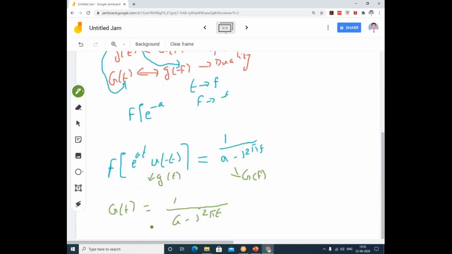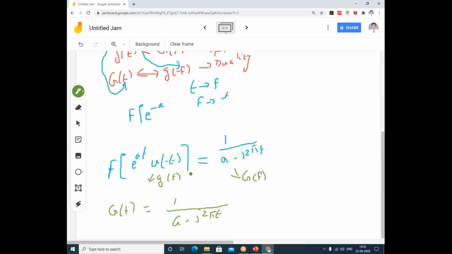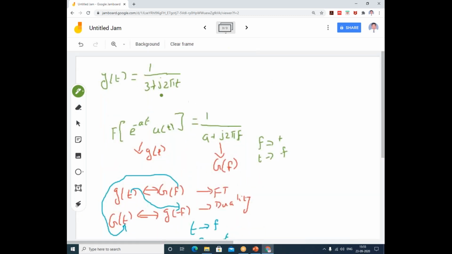When you replace it like that, automatically you are going to get, if you replace f with t and t with minus f, then I am going to get 1 by a plus j2 pi t. This is the Fourier transform of this.